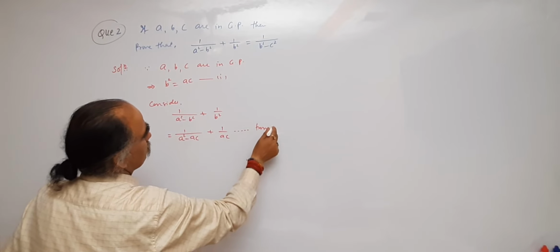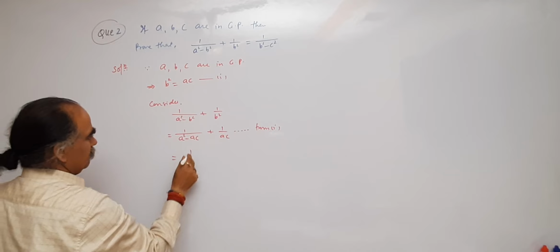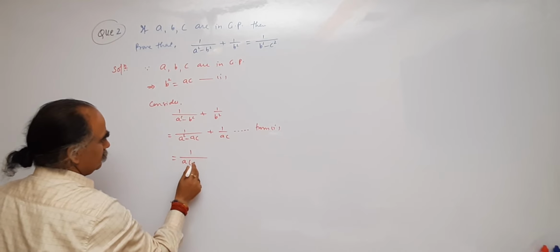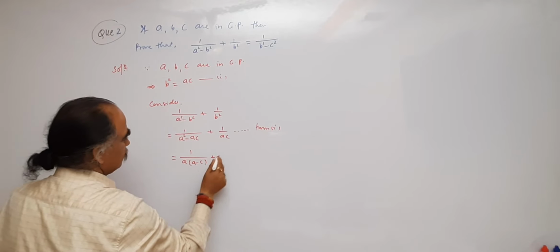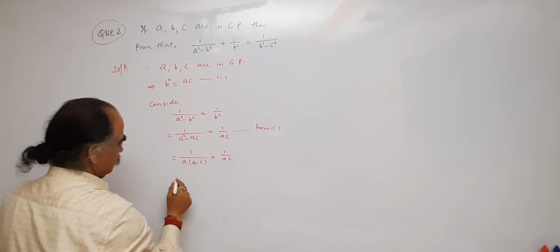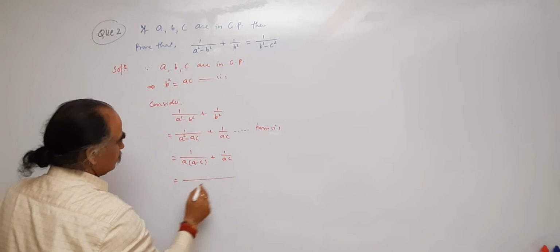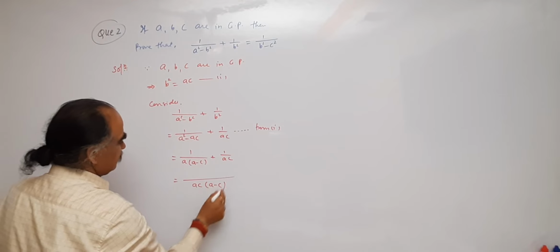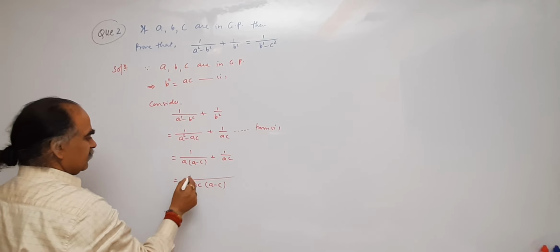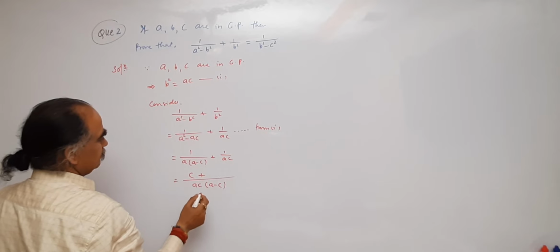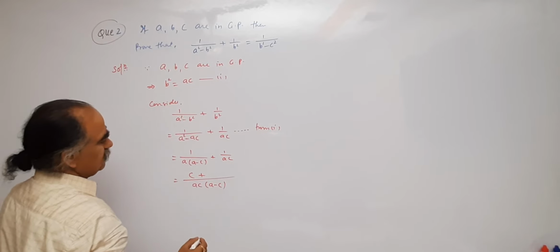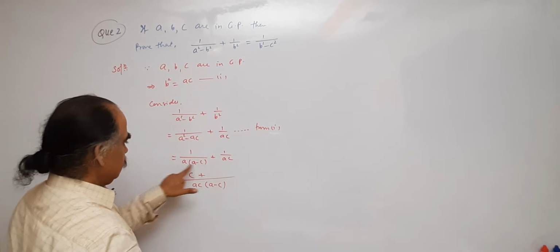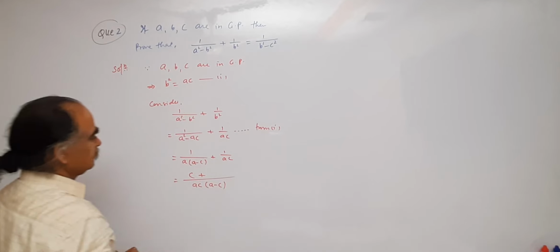Taking the common factor from the first term: 1 upon a into a minus c plus 1 upon ac. So the LCM is a, c, a minus c. I'll get c plus a minus c over a, c and a minus c.